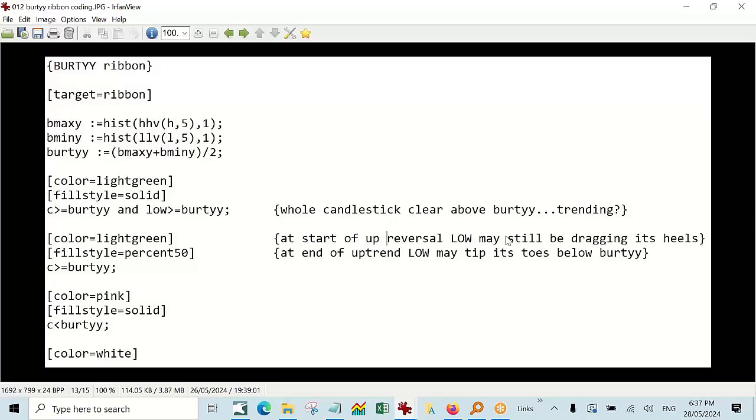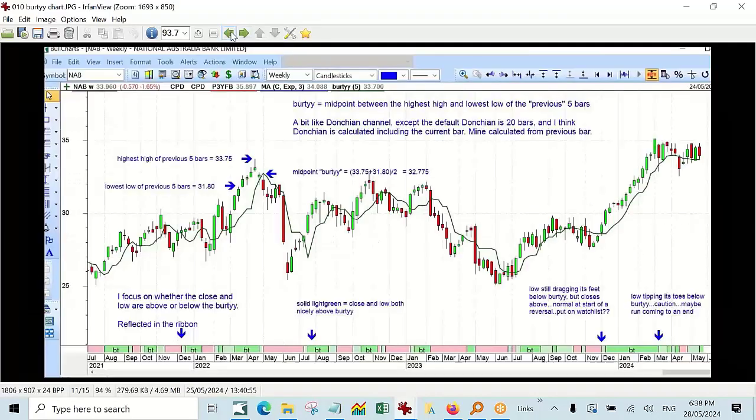That could represent the start of an up reversal, or it could be the end of the uptrend. The low is tipping its toes below the Burtyy. And the pink means it's going nowhere. I try and stay clear of those. Just go back, have another quick look at it before I bring all four together in a moment.